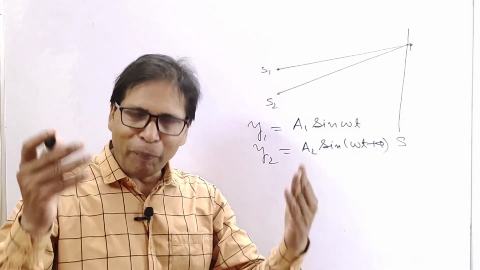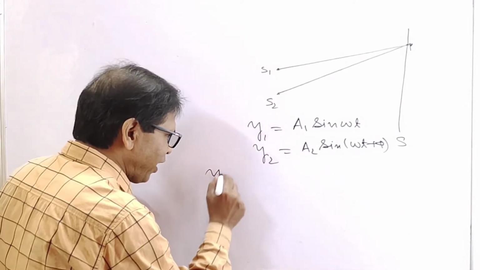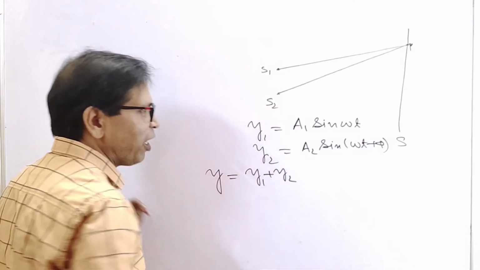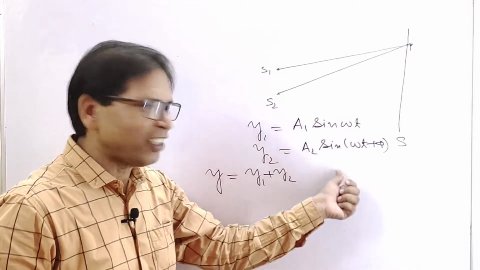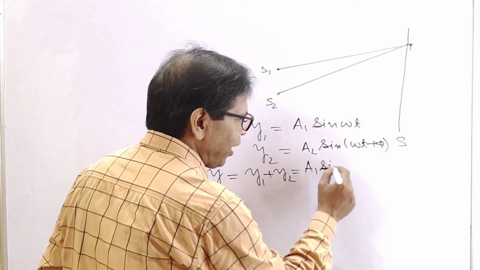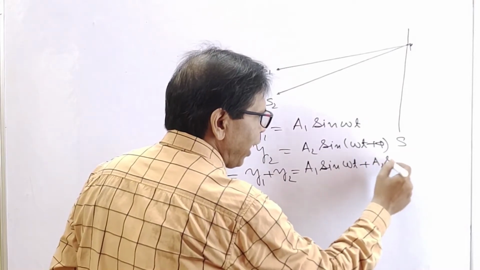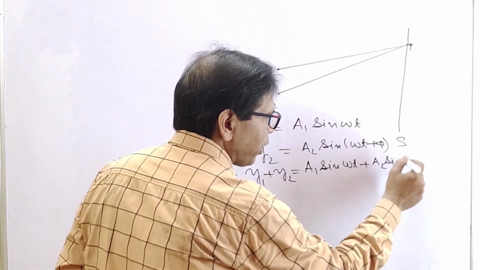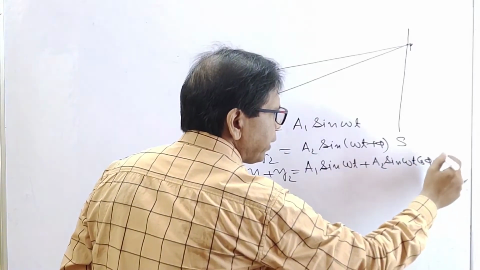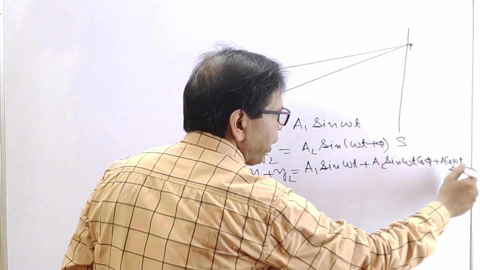Now from the principle of superposition, the equation of the resultant wave is y equal to y1 plus y2. So look at this: A1 sine omega t plus A2 sine of omega t plus phi, which is A2 sine omega t cos phi plus A2 cos omega t sine phi.